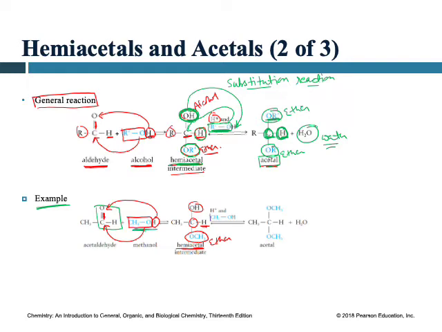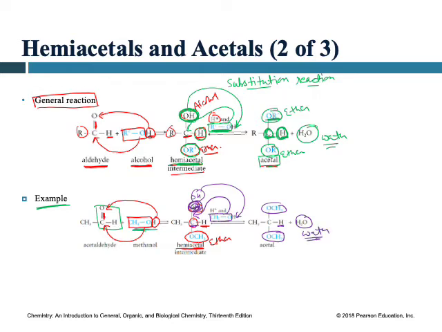Then this CH3O group from one more alcohol molecule is going to replace the OH group and get attached to the carbon, which is this. Now you have two ether groups attached to the same carbon and one hydrogen, and the OH group that you had on top is going to interact with the hydrogen of the alcohol and be removed as water.